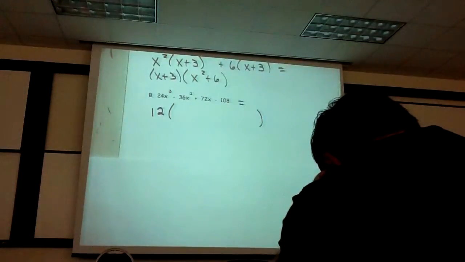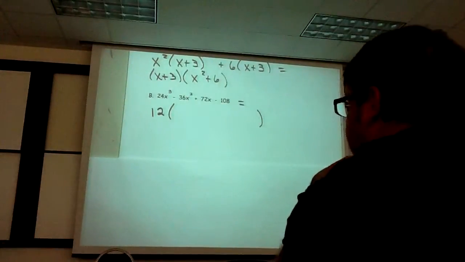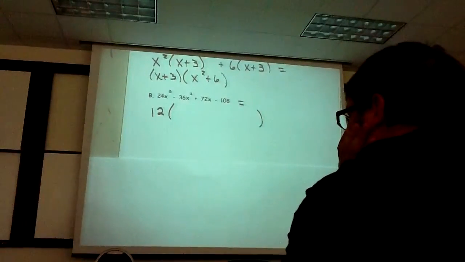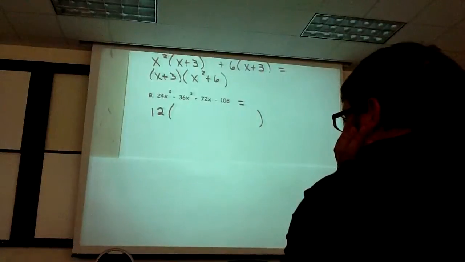Now, most of us are not familiar with our multiples of 12 after 4 or 5. So that's when we bring our handy-dandy calculators to determine if 72 and 108 are in fact multiples of 12, and they are.